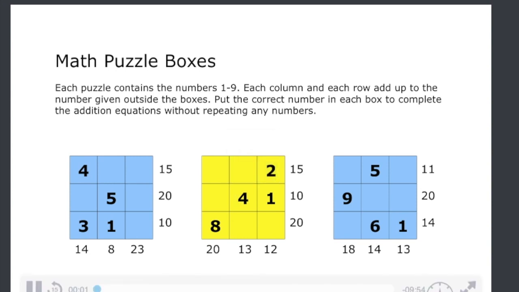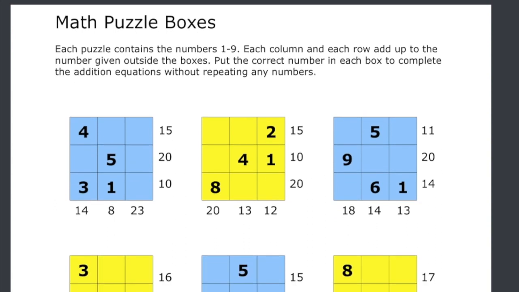All right, so today is math puzzle boxes, and I can hear some people saying, what in the world is this? That's why it's very, very important to read the instructions first. Each puzzle contains the numbers 1 through 9.